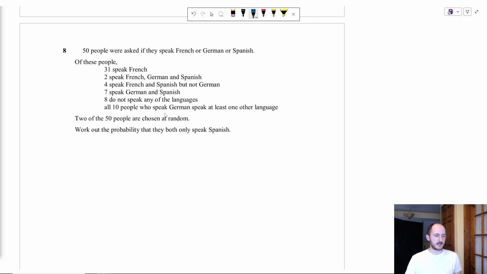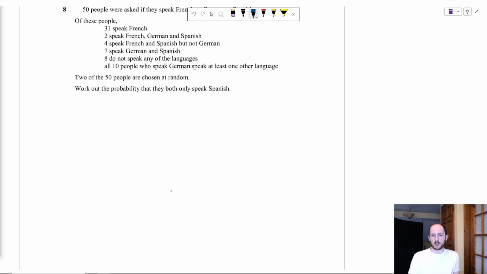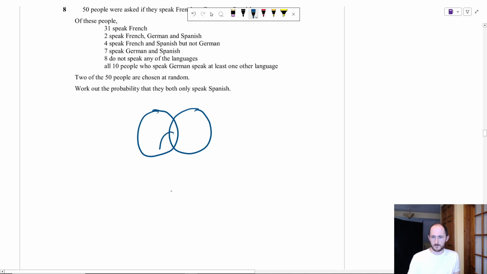So with a question like this, some of you already said that we're going to have to do a Venn diagram, and I 100% agree with you. What we're going to do is a Venn diagram of French, German, and Spanish. Ugh, that's not the best, but whatever.